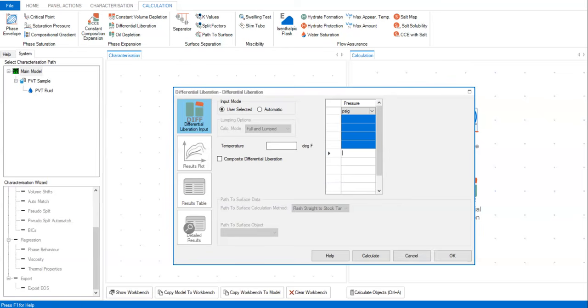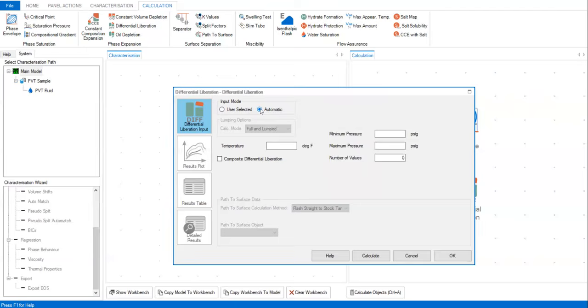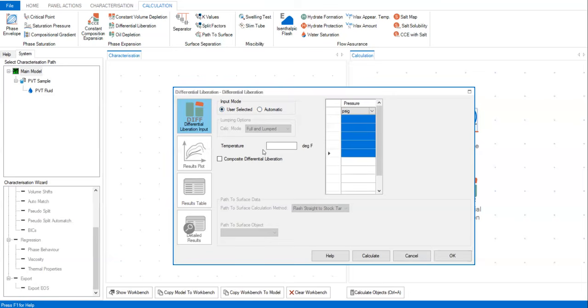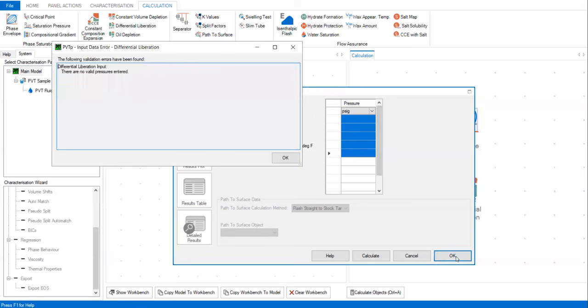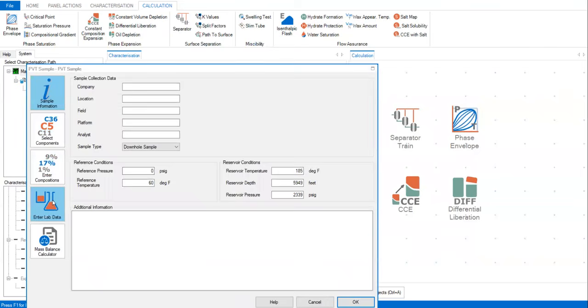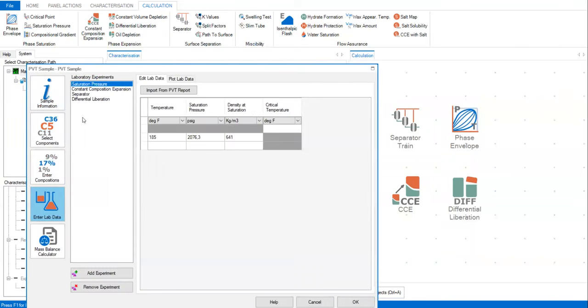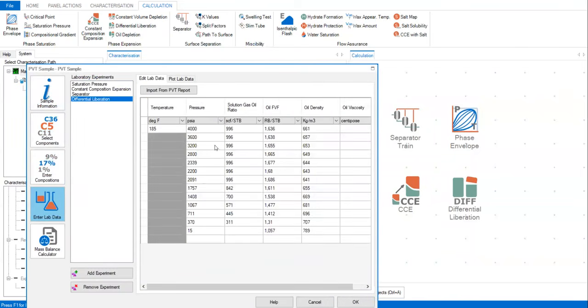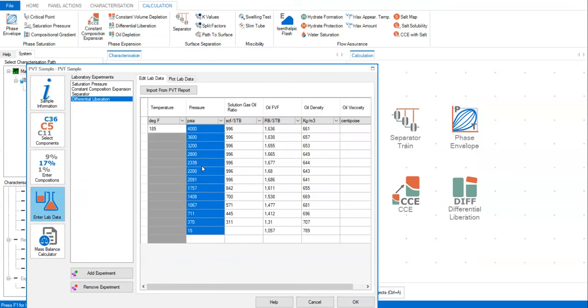Okay, so here the input model is user selected, but you can also use automatic. Today I'm going to use this user selected. This one will be 185. Click on OK. And I'm going to take the pressure data from here. So enter lab data, difflib, and let's grab this data, copy.